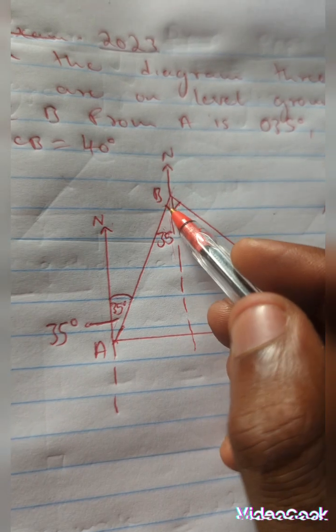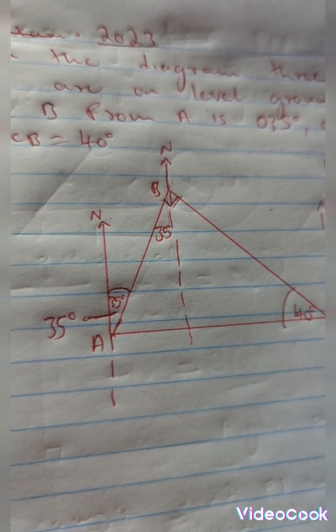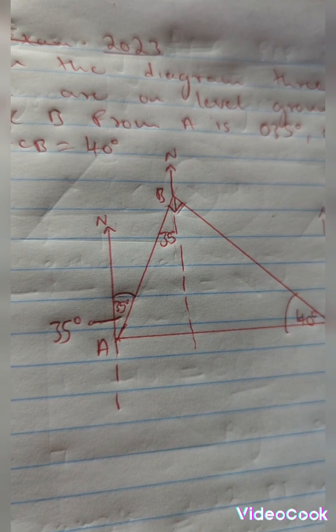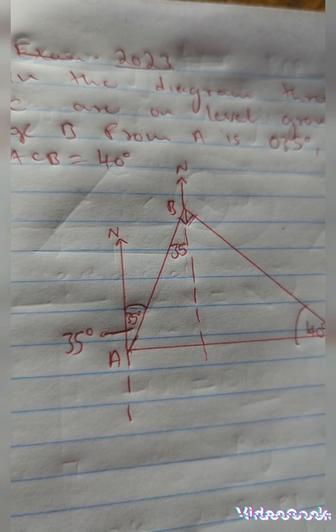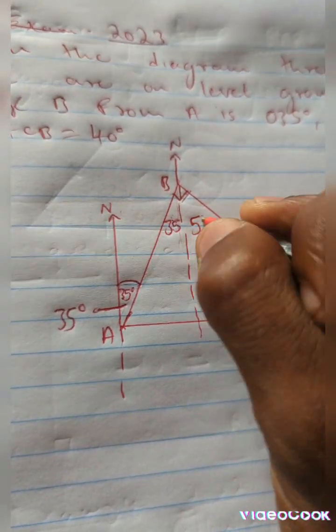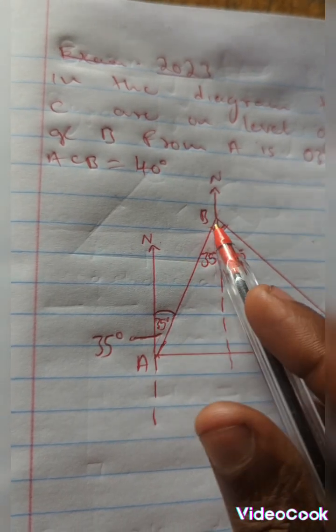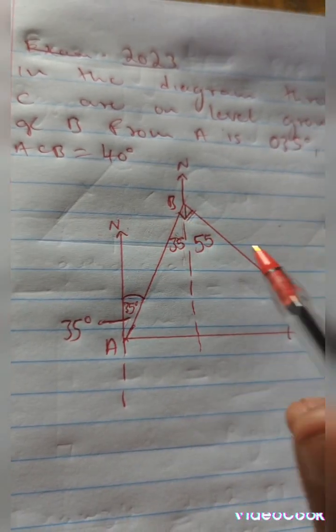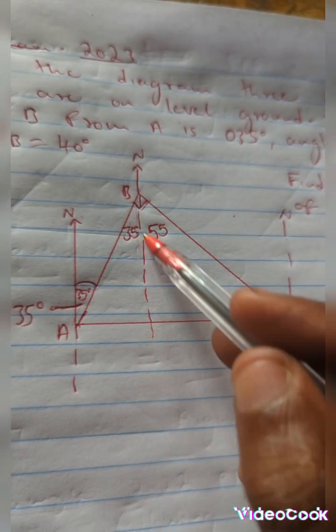Now if the total here is 90, what is this angle? So we're going to subtract 90 minus 35. What are we going to get? 55. So this angle is 55. 55 plus 35, we're going back to the total angle, which is 90, because angle B is 90. Then same, this is the Z rule.